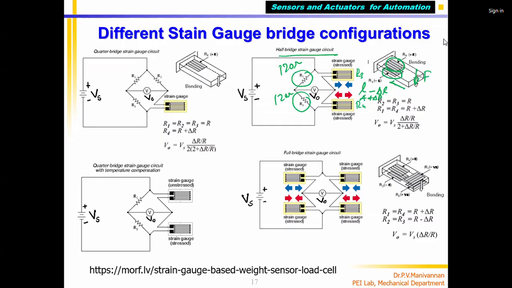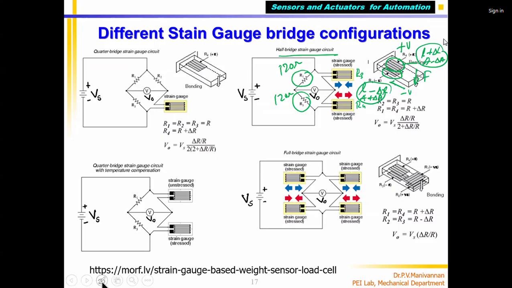Top side is L plus delta L, A minus delta A. So top side tensile force, bottom side compressive. So one resistance will increase, and the bottom side resistance will decrease.